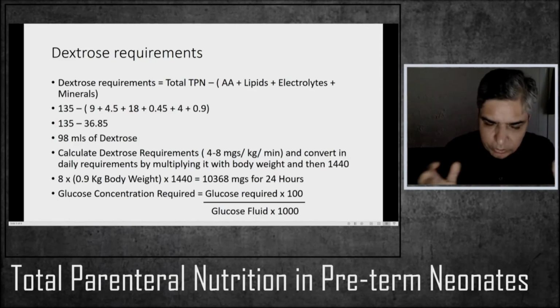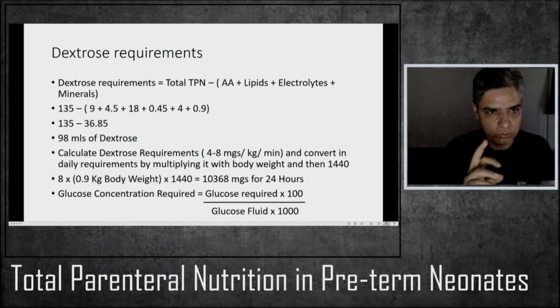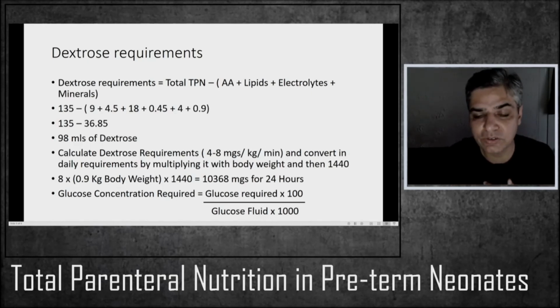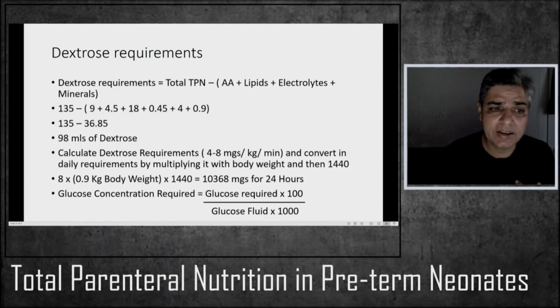Now normally when you are making up these fluids, you take 9 mLs of the amino acid solution, 4.5 mLs of the lipid 20% solution, 18 mLs of 0.9% sodium chloride, 0.45 mLs of potassium solution, 4 mLs of calcium gluconate, and 0.9 mLs of the multivitamin mix, and with that you add 98 mLs of 10% dextrose.